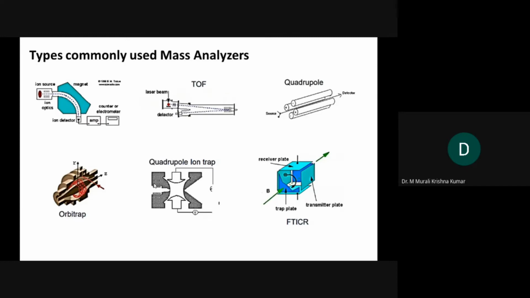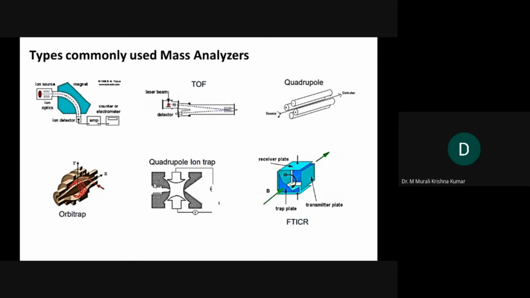In every category, including magnetic sector, we have double focusing. In the case of time of flight, we have multiple reflector time of flight analyzers, and hybrid analyzers were also there. In the case of quadrupole, there is hexapole, there is octapole, and that is integrated into another quadrupole, so the triple quadrupole is also there.